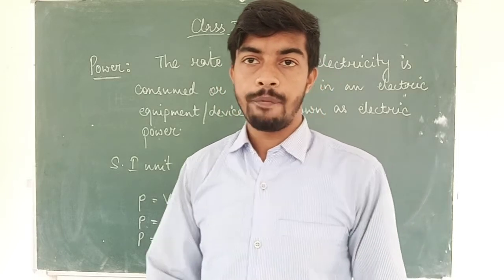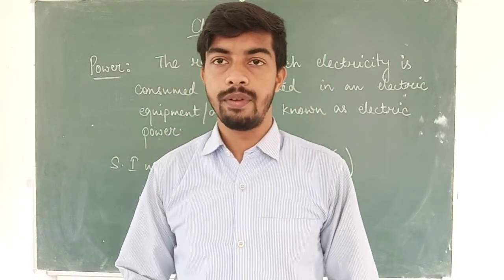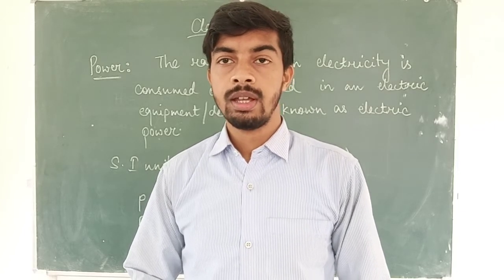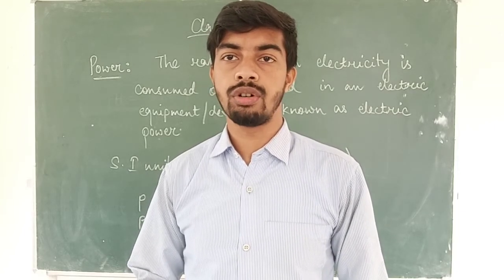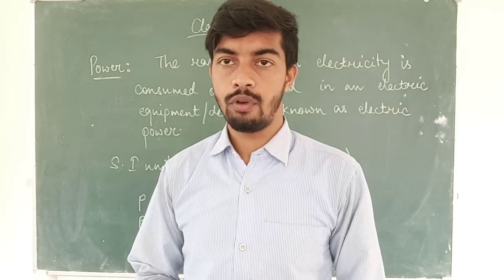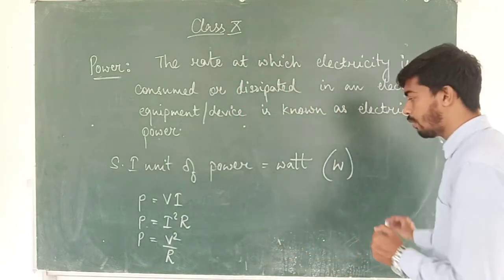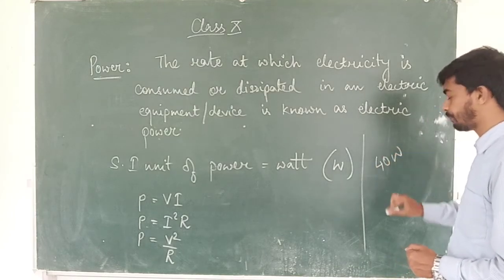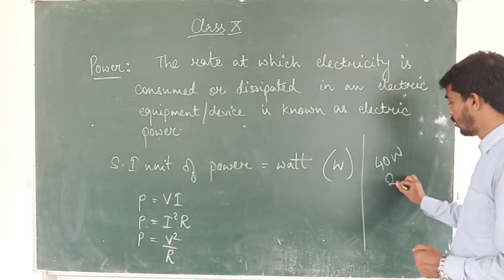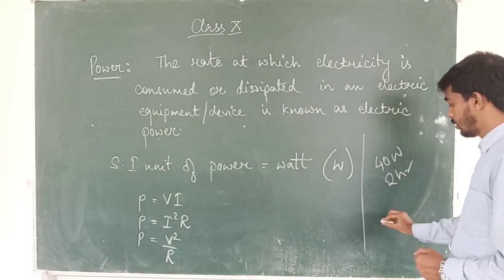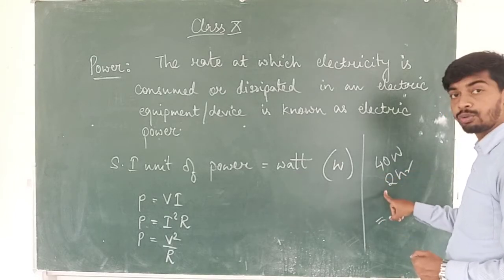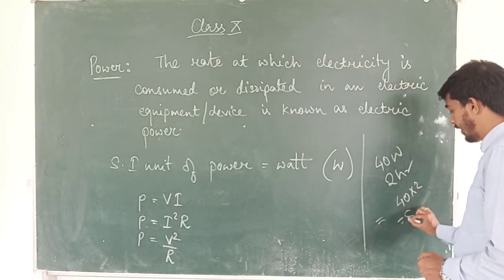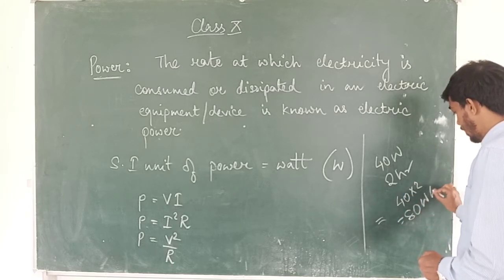So after we find power for any device, and if the device works for a specific amount of time, that becomes the energy consumed by the device. For example, if I have a bulb of 40 watt which is used for 2 hours a day, so here if we multiply 40 into 2, I will get 80 watt hour.